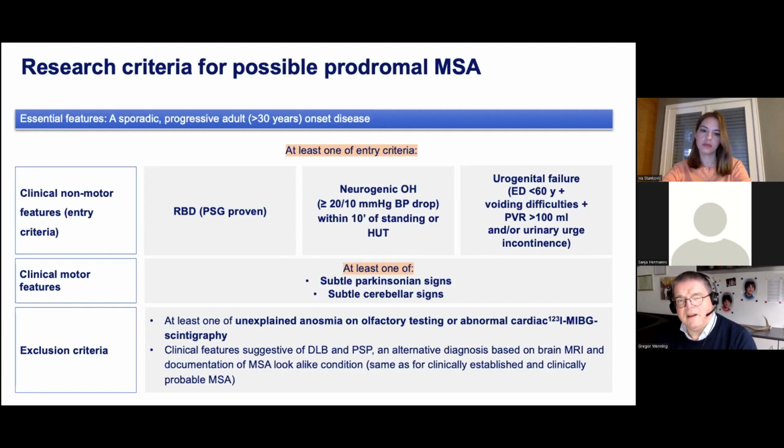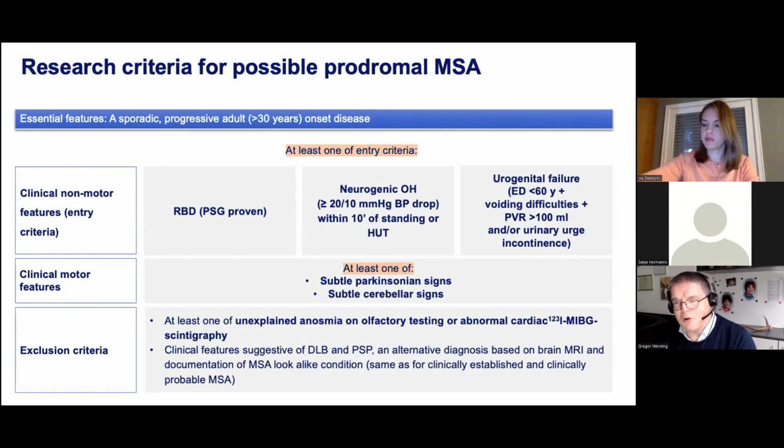One could be isolated REM sleep behavior disorder, PSG proven. The other one could be neurogenic OH with a significant blood pressure drop within 10 minutes of standing or head up tilt, or urogenital failure with erectile dysfunction starting before 60 years plus voiding difficulties and a post-void residual of 100 milliliters, plus or minus urinary urge incontinence.